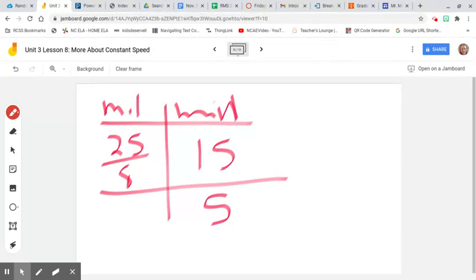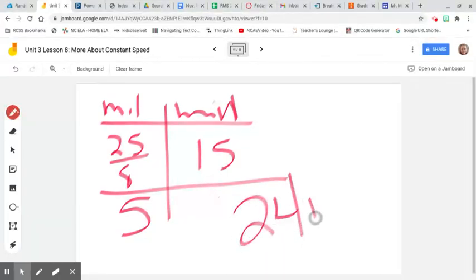Well, the 5 miles needs to be over here. So this was a tricky one. That's where he said that he needed this to be a certain thing over here. But the answer is 24 minutes. It will take them to be 5 miles apart.